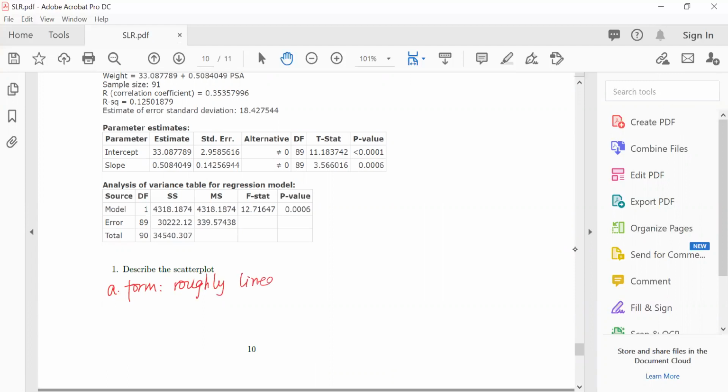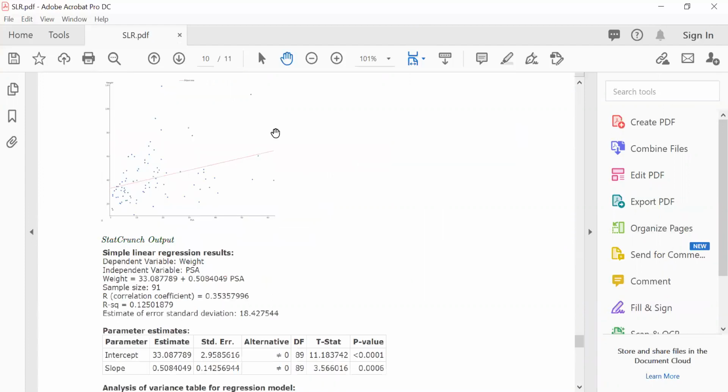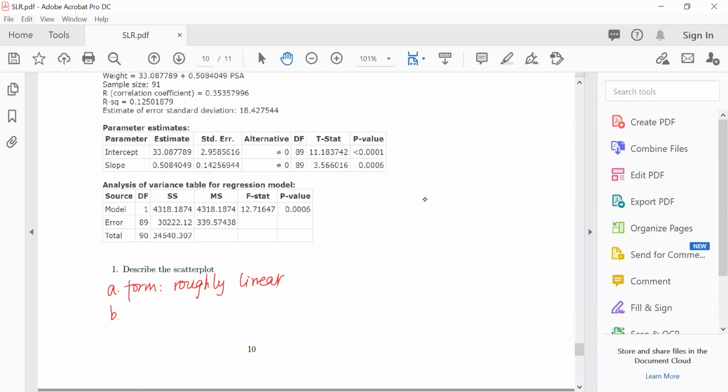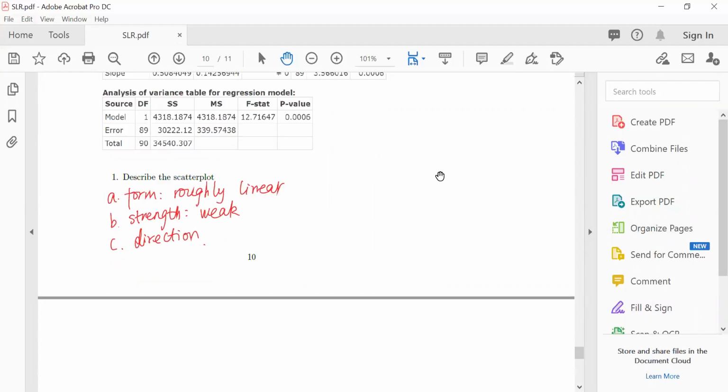It's a linear trend. The strength: how clustered are the points to this linear line? Not very clustered, right? So the strength is kind of weak. And the direction is positive. So this is the scatter plot.